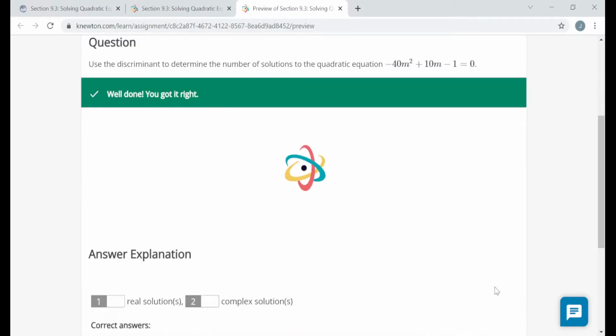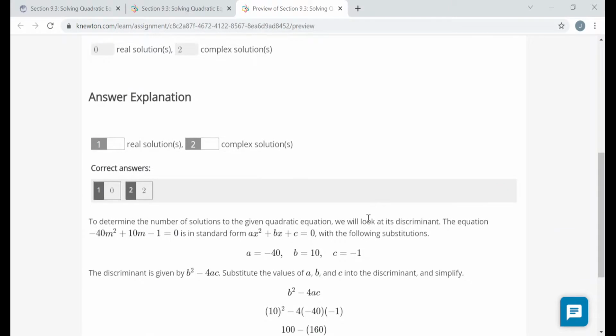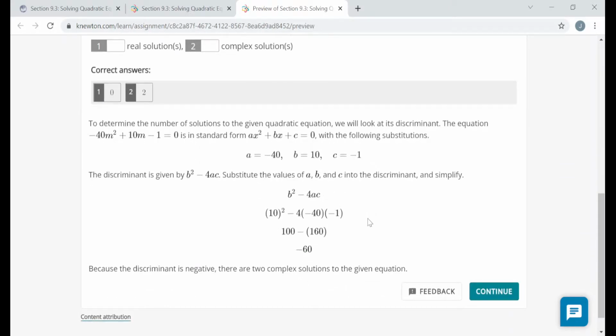Great. So read through the answer explanations, please. After every question, there are answer explanations, whether you're right or wrong. And I'd recommend reading these either way. If you're correct, read through them just to make sure you got it right for the right reasons.